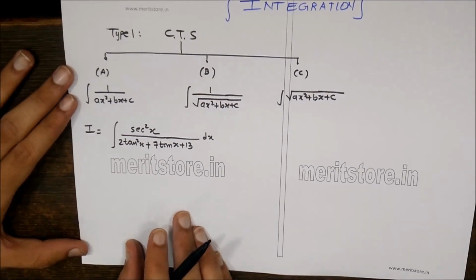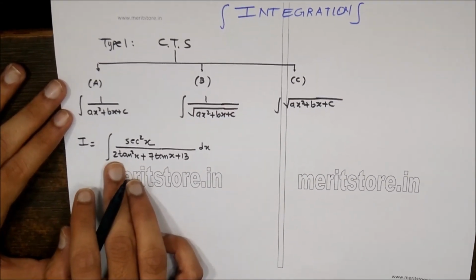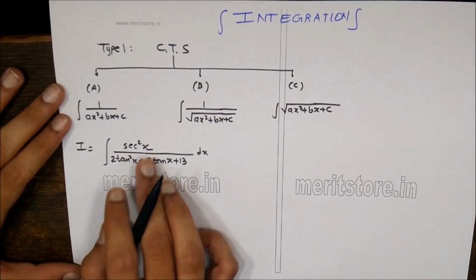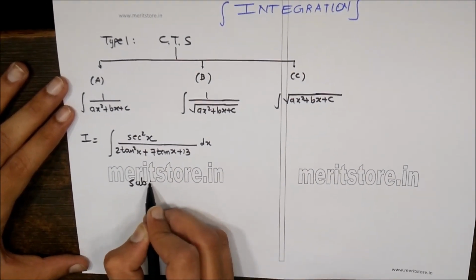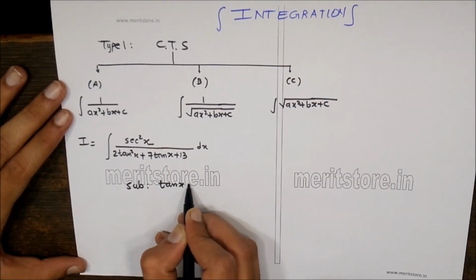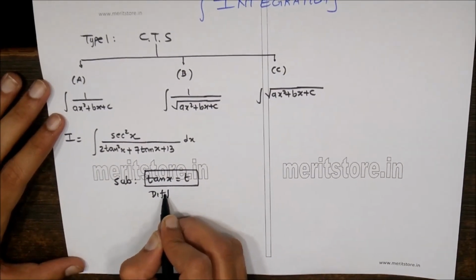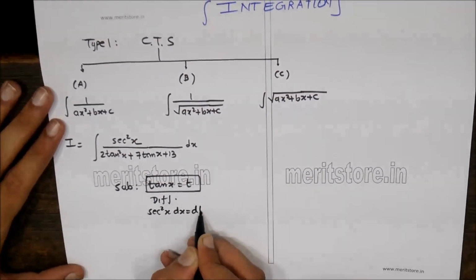Remember, for every CTS category, the first basic rule is that the coefficient of x square should be 1. But here, one more thing, we have an example of method of substitution. So at the first step, we'll substitute tan x equals t. We'll differentiate. We'll get sec square x dx equal to dt.